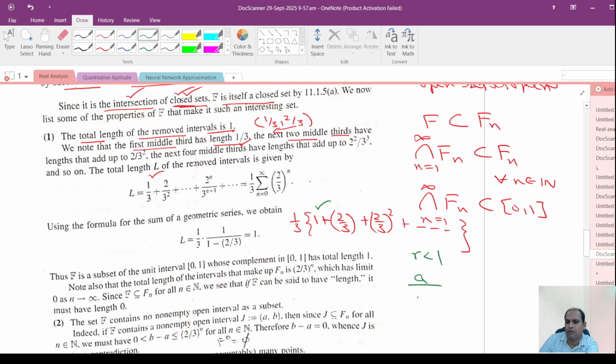So, the sum of infinite terms is a upon 1 minus r, where r is the common ratio. If we apply this, the length will be 1 by 3 into 1 upon 1 minus 2 by 3, since the first term is 1. So, that is 1 by 3 into 1 upon 1 by 3. It will cancel out and the length comes to be 1. So, the total length of the removed intervals is 1 here.